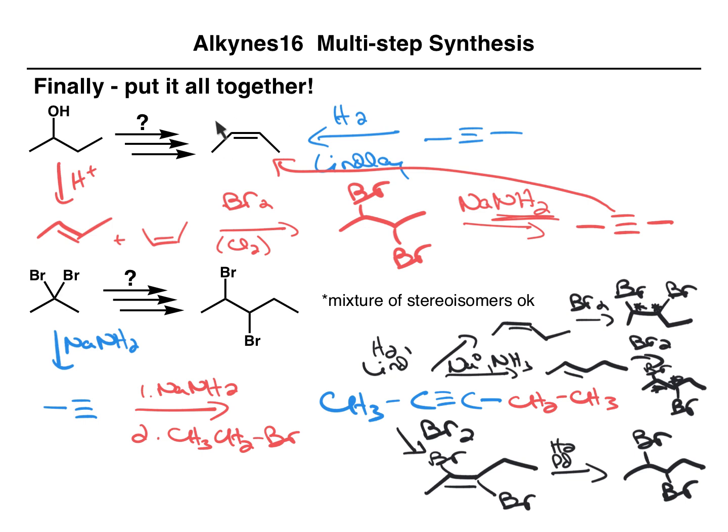If you see a cis alkene, we need to keep in mind that the only way we know how to do that is using an alkyne. If we have a starting material compared to a product, the product has more carbons, then we know that we need to think about alkylating an alkyne.